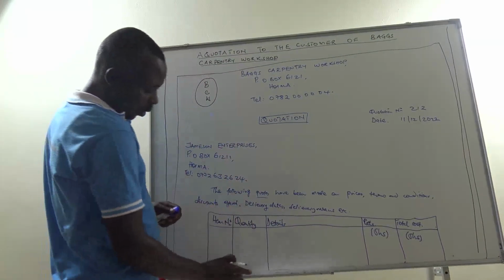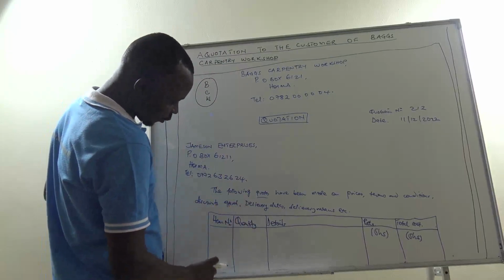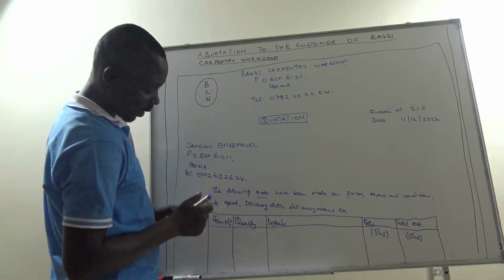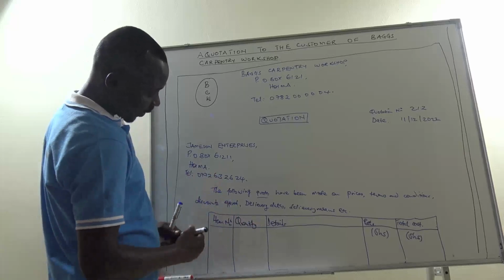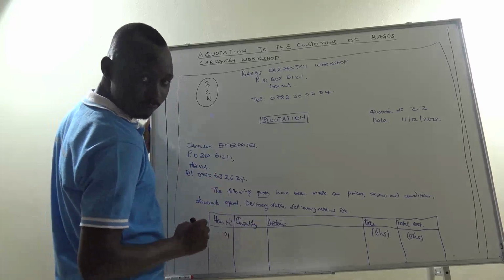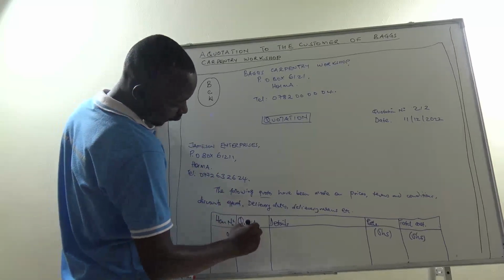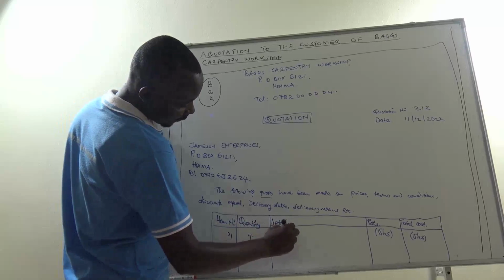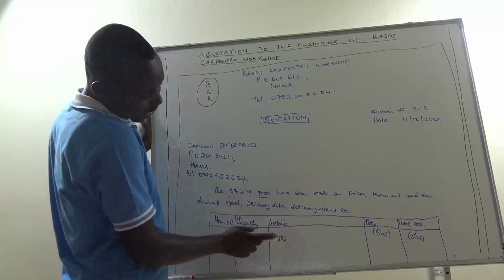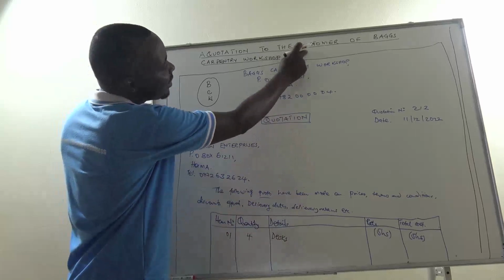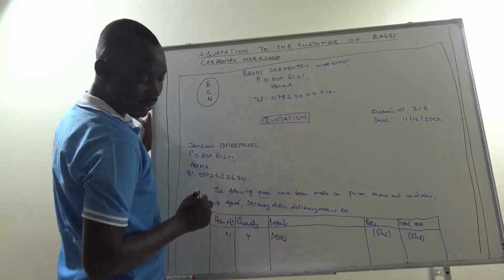So, we are assuming that this person made inquiries about item number 1, about 4 desks, because if we don't base on assumption, you will cram. And why desks? Because it is the commodity that is in line with the business that we are dealing in.